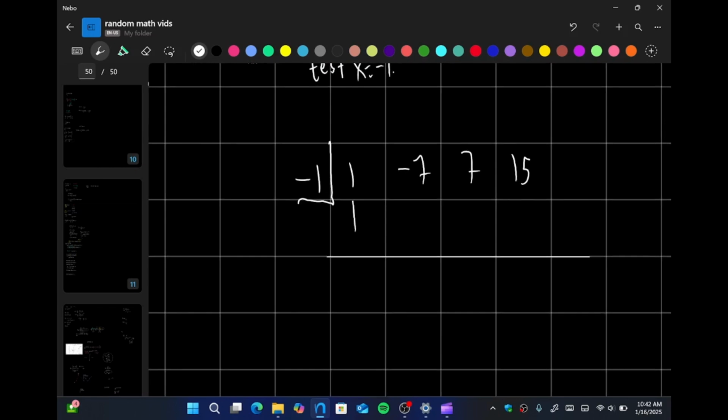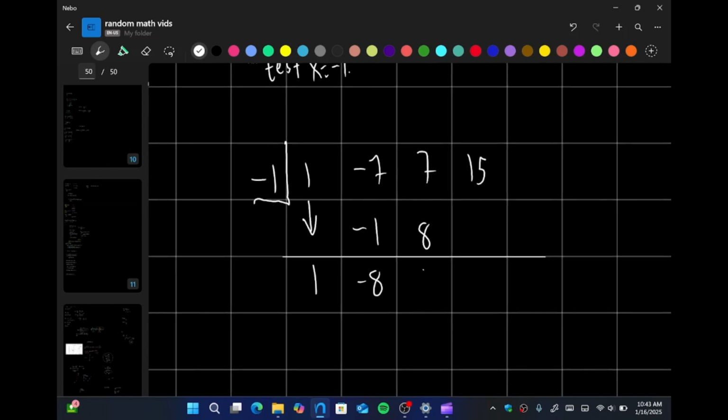So we have 1 here. 1 times -1 is -1. 7 plus -1 is -8. -8 times -1 is 8. 7 plus 8 is 15. 15 times -1 is -15. And then this equals 0.